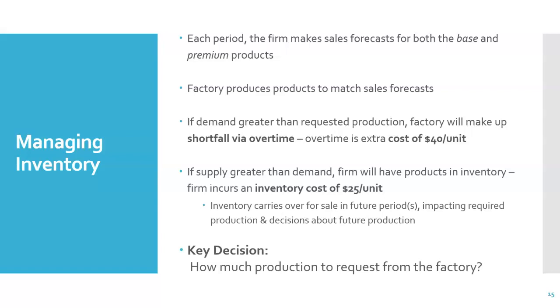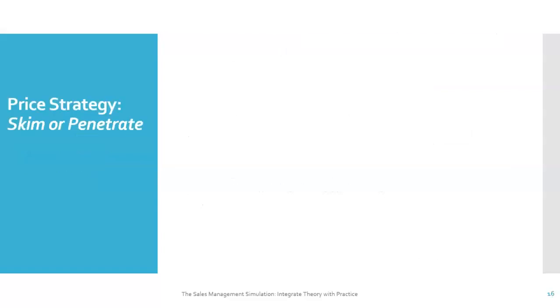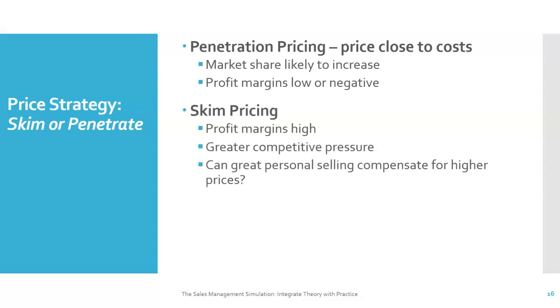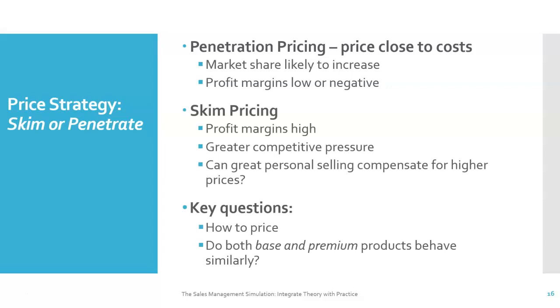So again, key decision, I would write this down. How much do you request from the factory? So with your price strategy in terms of skim or penetrate, basically you're going to have to decide, what do you want your pricing to be?